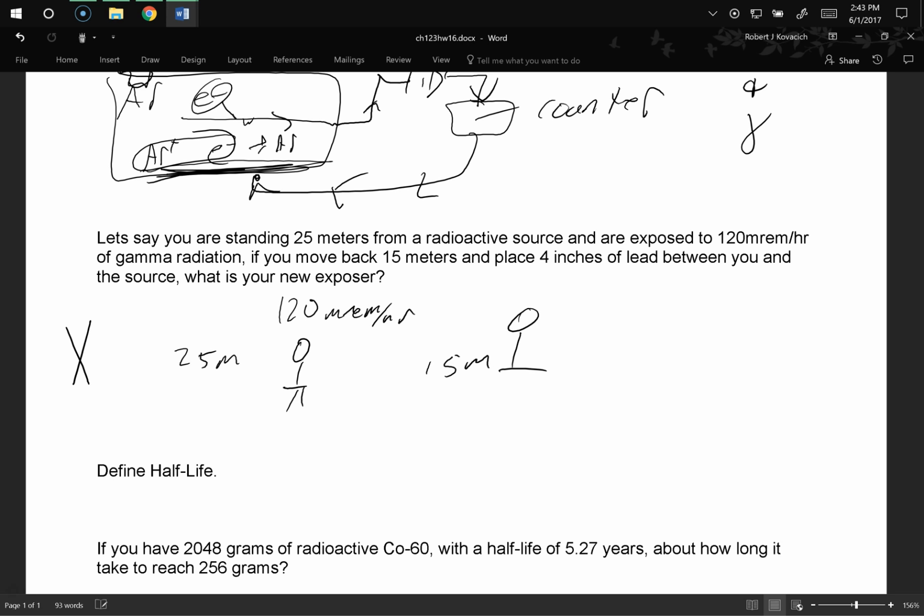So I got a person here. And so my equation would be, I go intensity 1, intensity 2, distance squared 2, distance squared 1. So intensity 1 will be equal to distance.